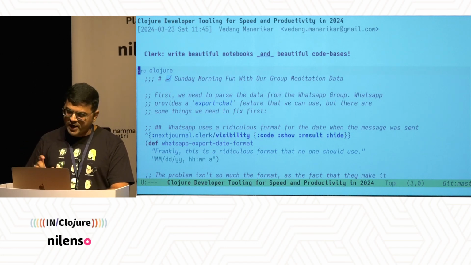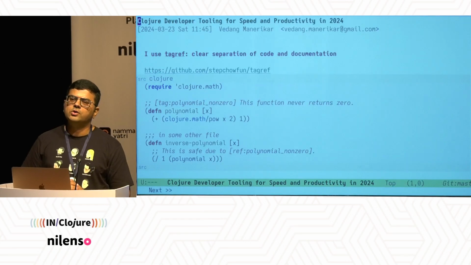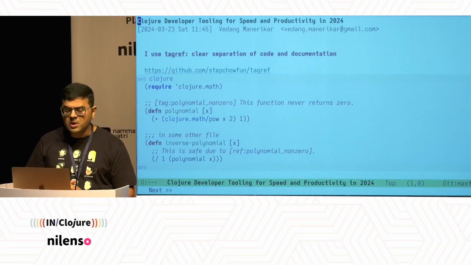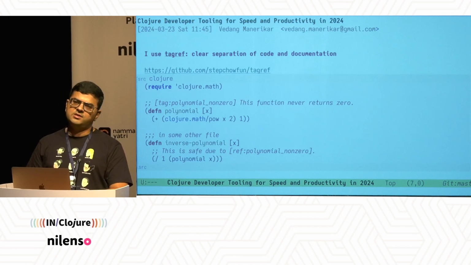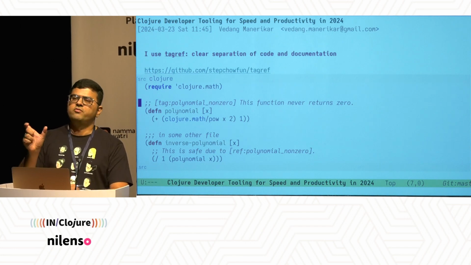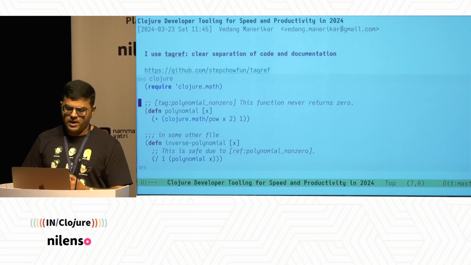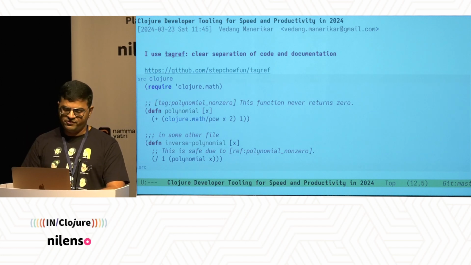So what I do is I mix Clerk with a tool called tagref, which you should check out. It's quite wonderful. Here is an example of how you would write some very simple functionality with tagref, right? So you add a tag wherever you want to add something important, like this. And then whenever you're using something where you want to remember that particular thing, you add a ref.